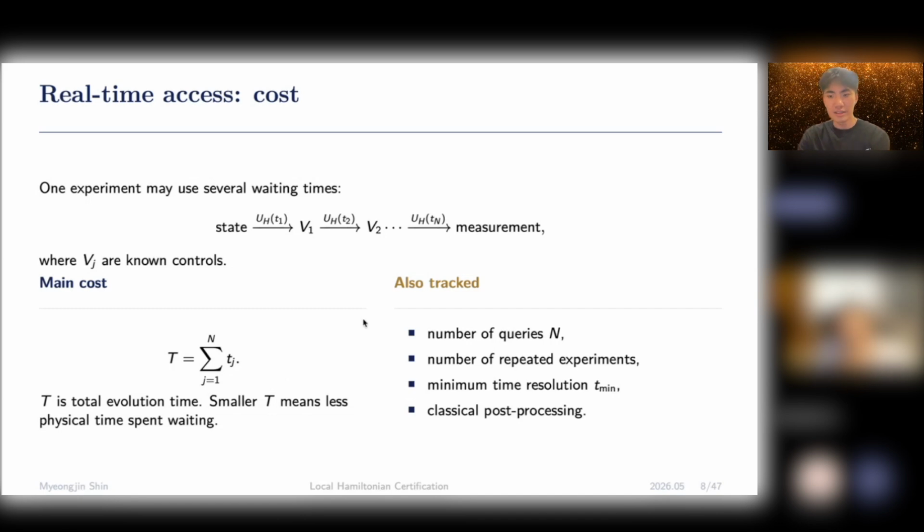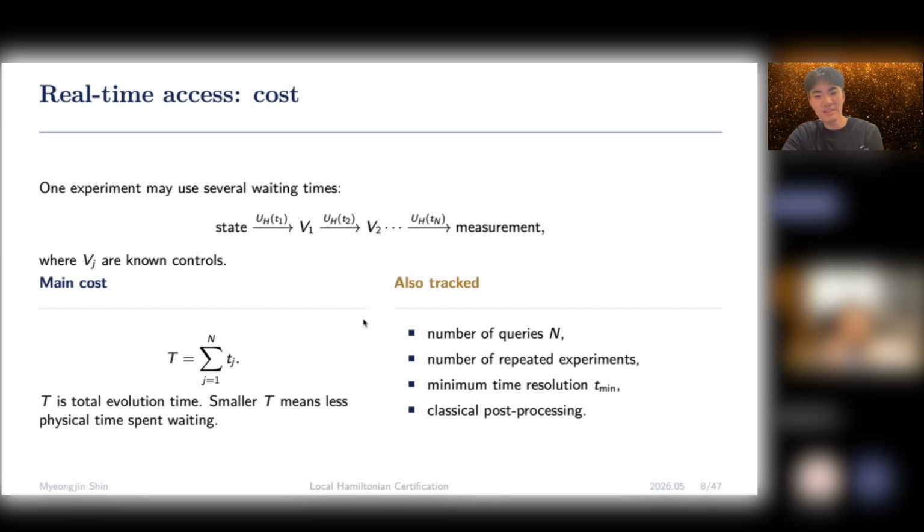And another important cost is the number of queries that are used, the number of repeated experiments, and the minimum resolution time, which is the minimum among the tj's, and the classical post-processing time. In my opinion, the second most important thing is the minimum resolution time.